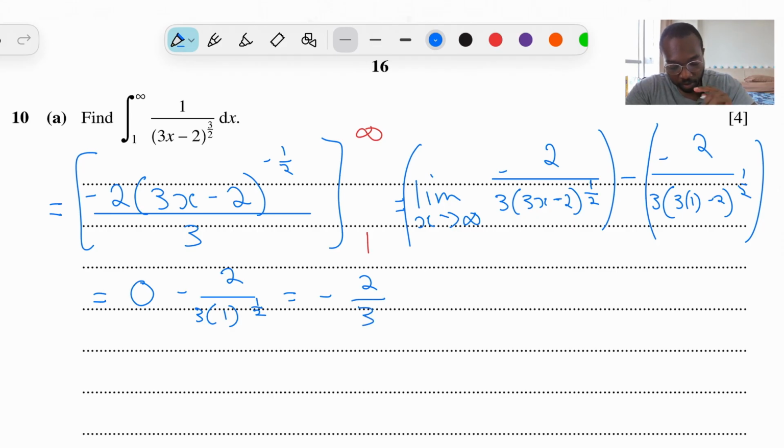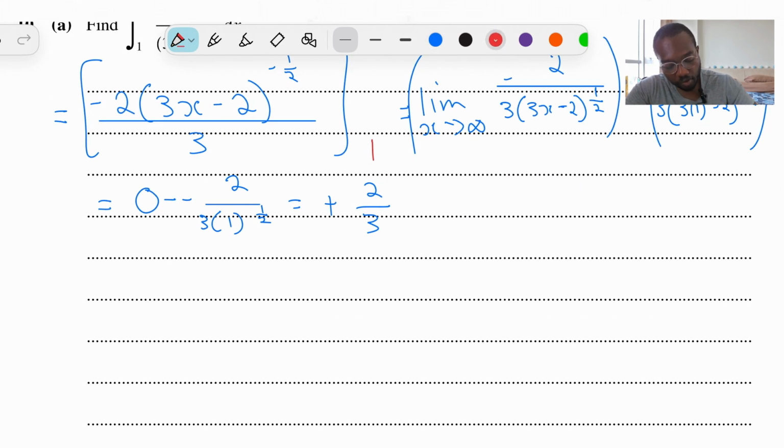So therefore, we're left with minus 2 over 3, but then don't forget, we also have 0 minus a minus, so therefore this becomes a positive 2 over 3. Therefore, our answer is just simply 2 over 3.